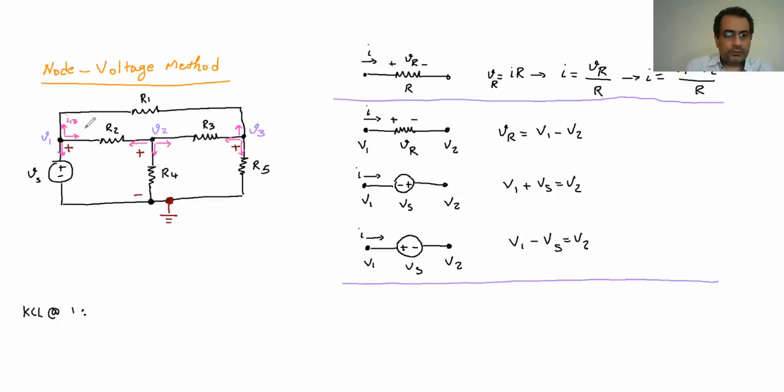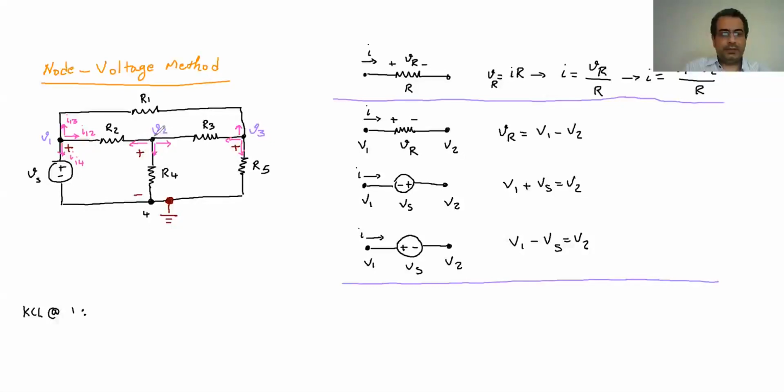This one is the I that goes from 1 to 2. And this one is the I that goes from 1 to, let's put this as 4. Goes from 1 to 4. That we have it.